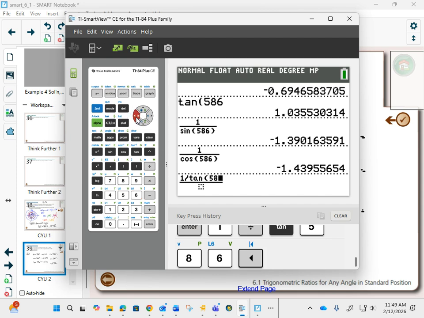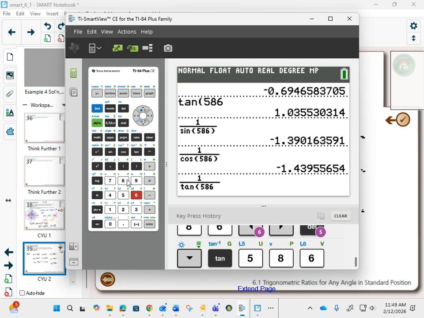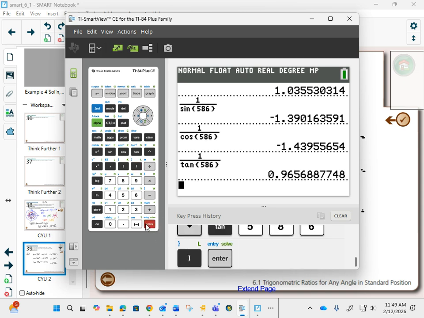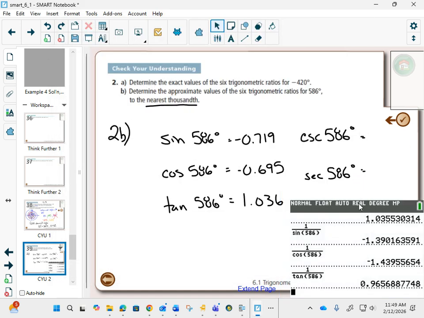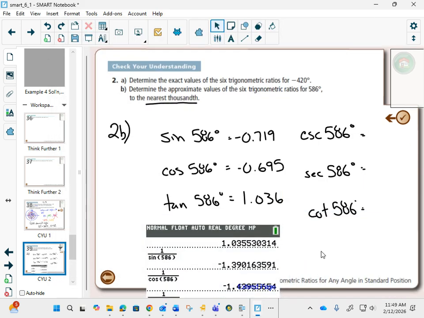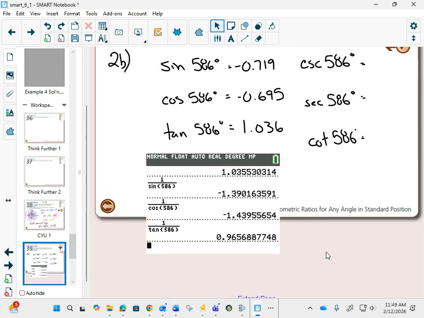Whoa, I screwed up. There we go. And I will get cotangent. Negative 1 point, oh, I'm going to cheat. I'm going to write these in. So 1 over sine, negative 1.390.